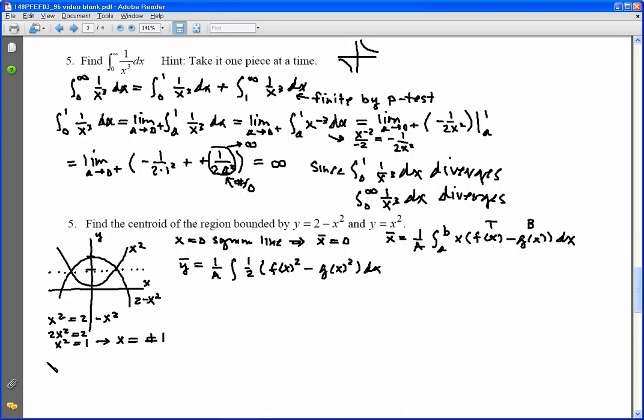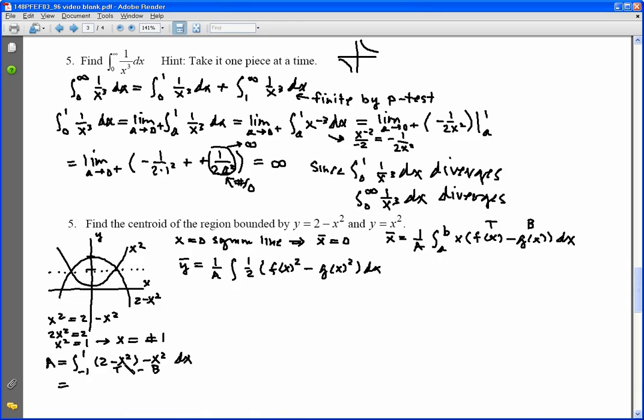And then our area is going to be the integral of top minus bottom. So integral from -1 to 1 of top function minus bottom function. So that's going to be 2 minus x squared minus x squared dx. So again, this is top minus bottom.